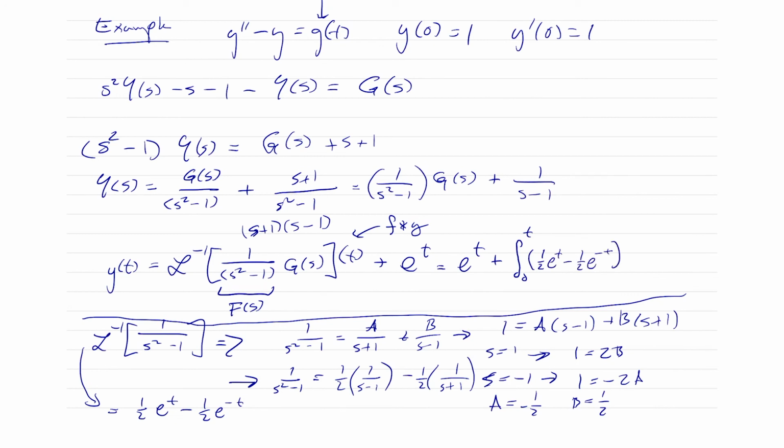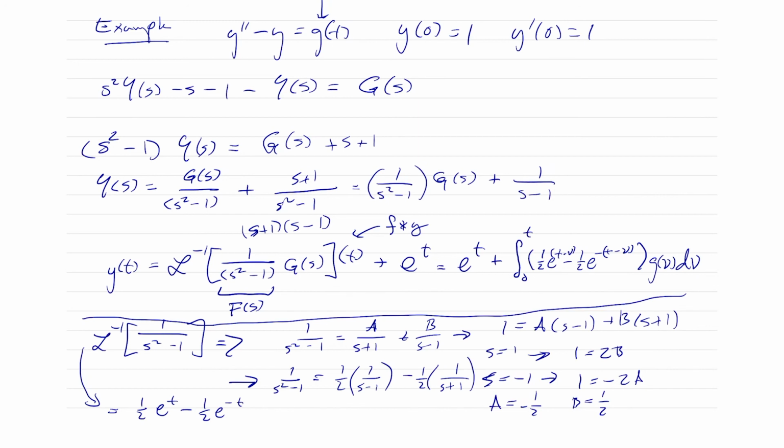Maybe I should write this as sinh. That seems a lot easier. Anyway, now this times g of, this is a convolution, right? So it should be t minus nu here, right? Okay, there we go. Times g of nu, d nu, and then that's it.